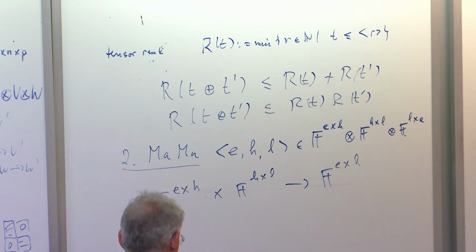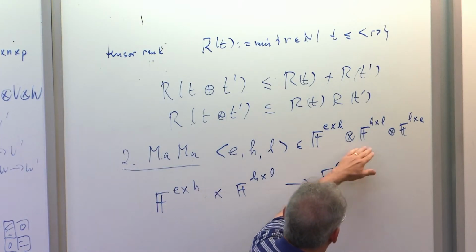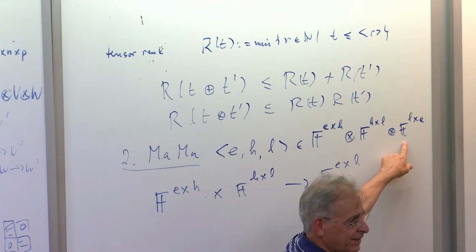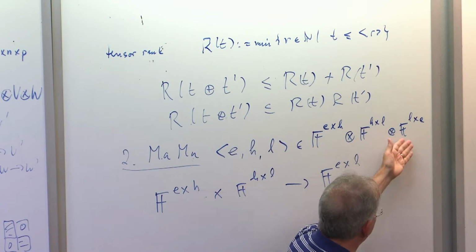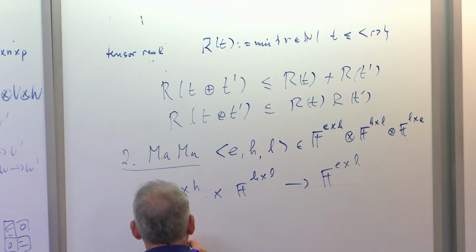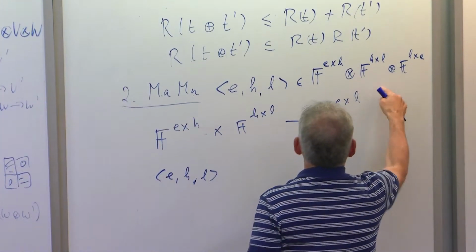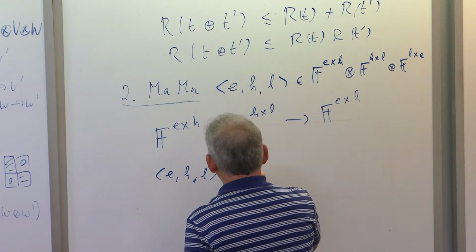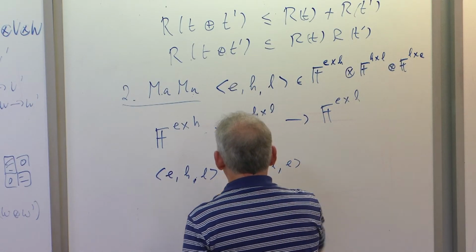It has nice symmetry properties. If you look at this, you have three spaces. You can permute them, right? If you do a cyclic permutation of these spaces, then if you look at it closely, it leads to a cyclic permutation of these coordinates.